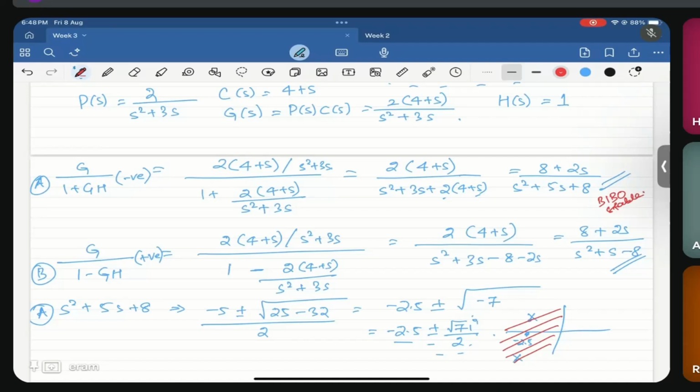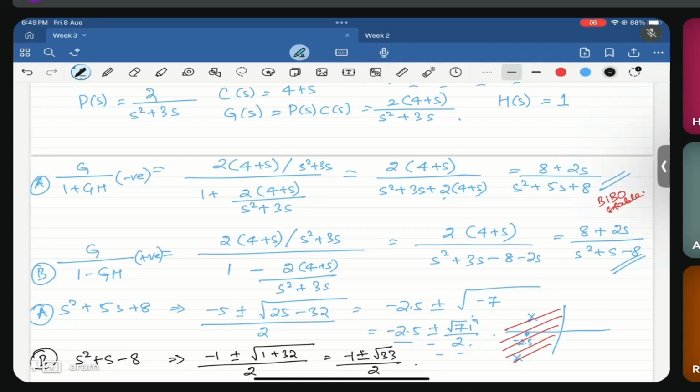Now what about system B? One pole is in RHP. Okay, so the characteristic equation of this one is s square plus s minus 8. Again we can write, so it is minus 1 plus minus root 33 by 2.